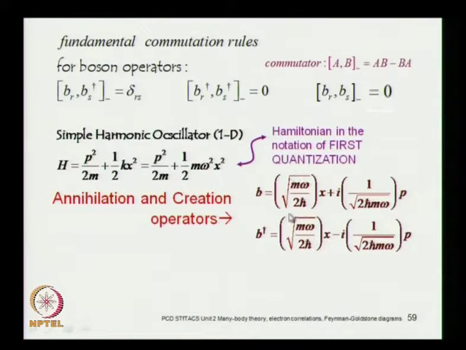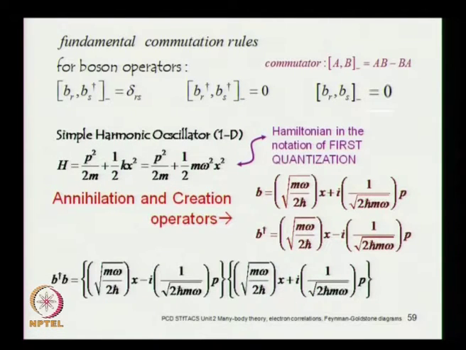This is the coefficient of x, and i times 1 over root 2 h cross m omega is the coefficient of p, and when you construct this type of summation you get the destruction operator B. If you take its adjoint you get B dagger, so instead of the plus i over here you get the minus i. So these are respectively the destruction and creation operators for this system.